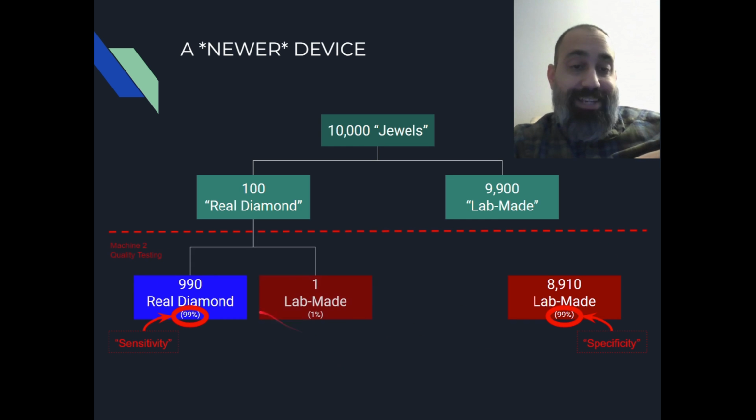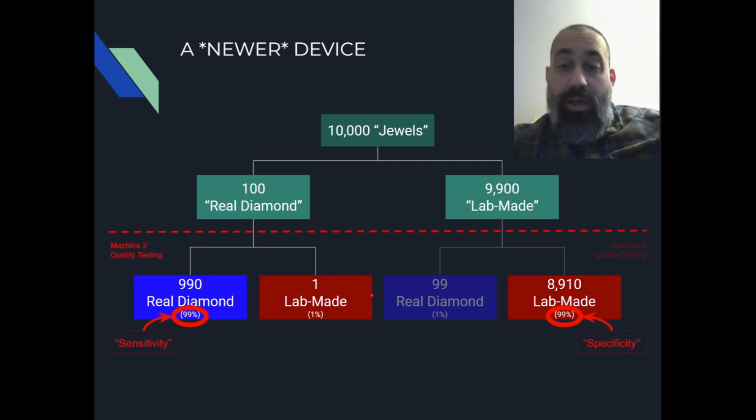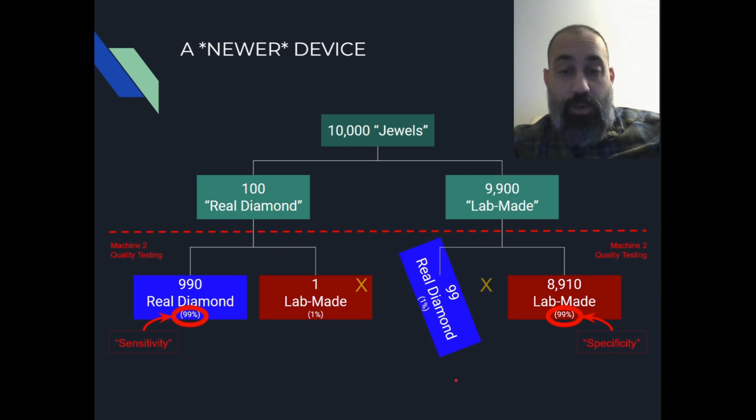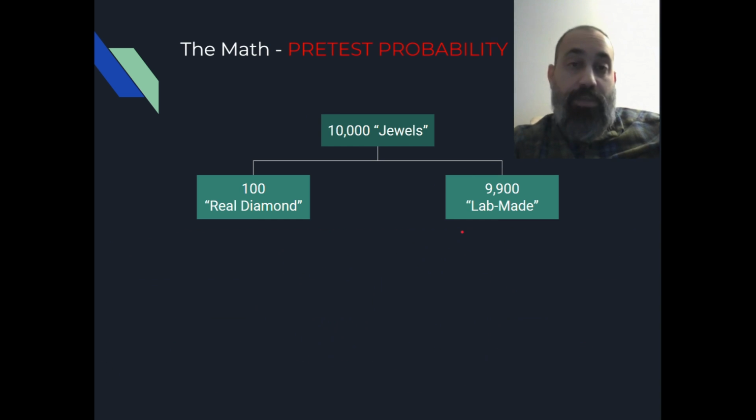So the sensitivity is how many times real diamonds are called fake. That's an error, called a false negative error. And false positives are how often fake diamonds or fake disease is called real. That's the false positive rate. So sensitivity is the false negative rate, specificity is the false positive rate. Once again, the errors are noted here in the middle.